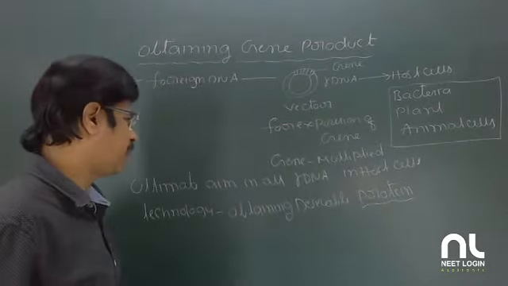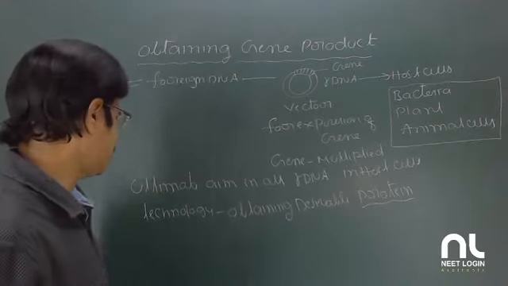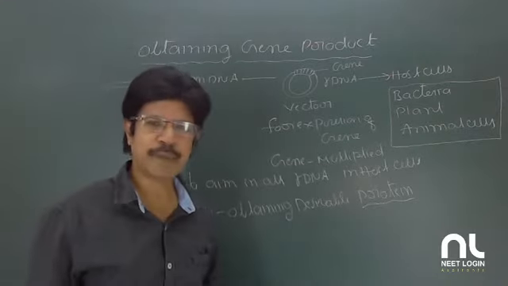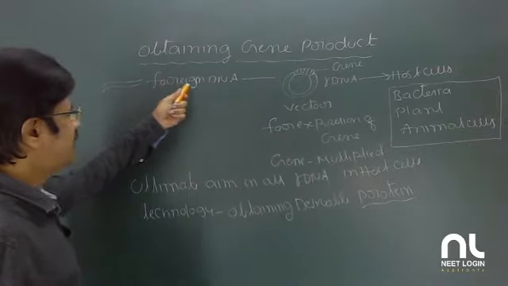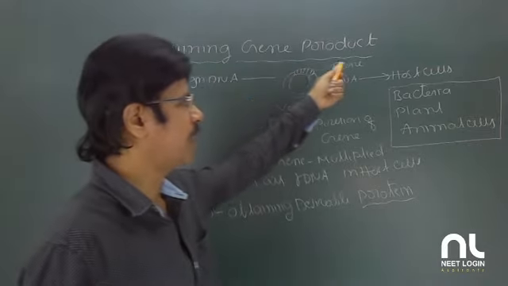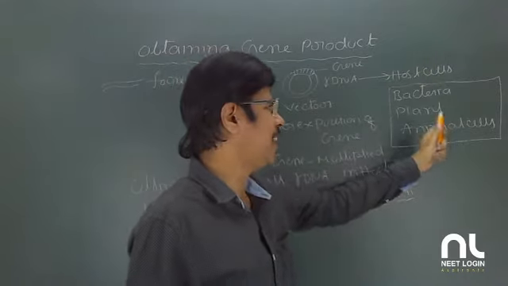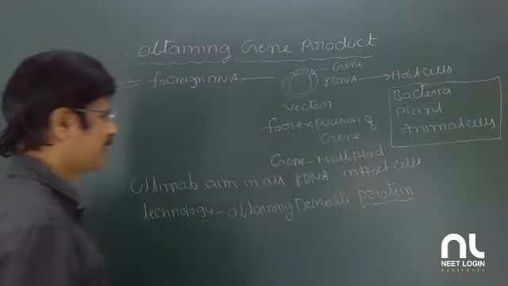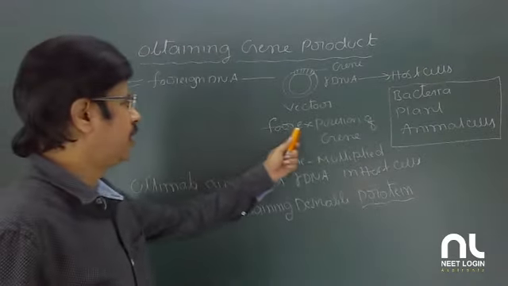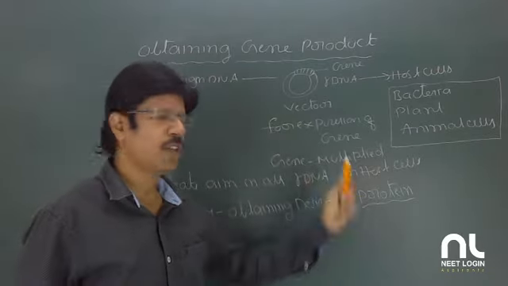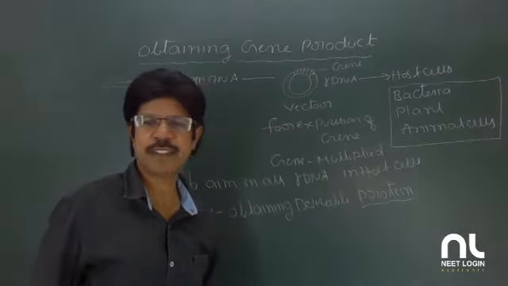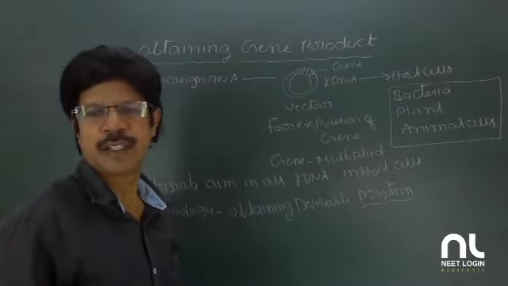So the ultimate aim in all recombinant DNA technology is obtaining the desirable protein. After having inserted the foreign DNA into the vector, transferred to the host cell like bacteria, plant and animal cells, for expression the gene got multiplied in the host cells.